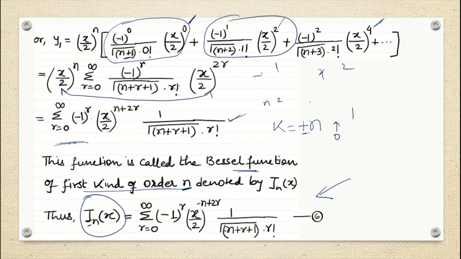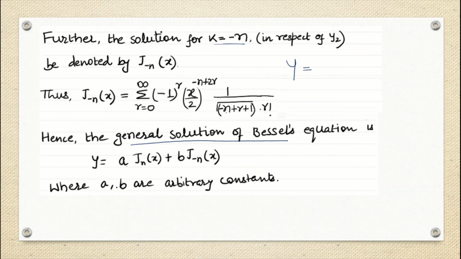So this general solution is my J_n(x), and then just put the value of n as minus n, and then you will find J_minus_n(x), and then finally the general solution of the Bessel equation will be a J_n(x) plus b J_minus_n(x). So this way we find how to get the Bessel differential equation solution.